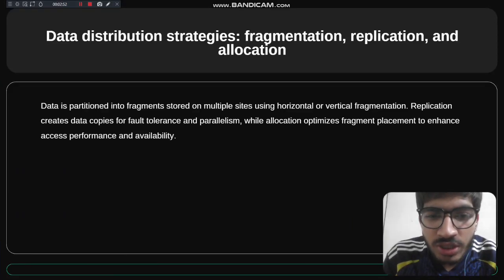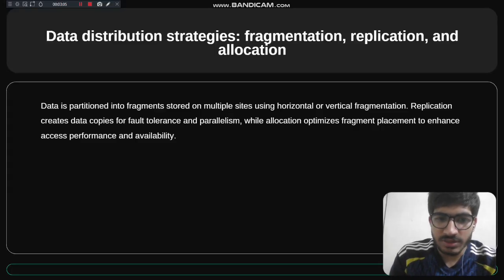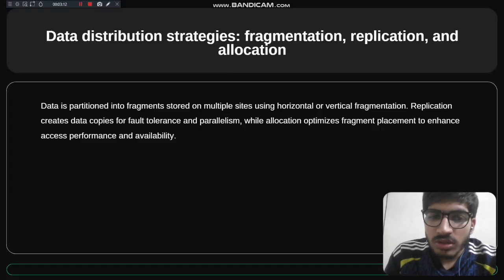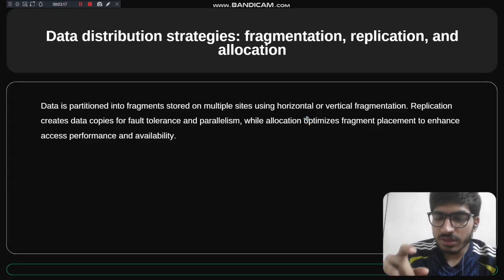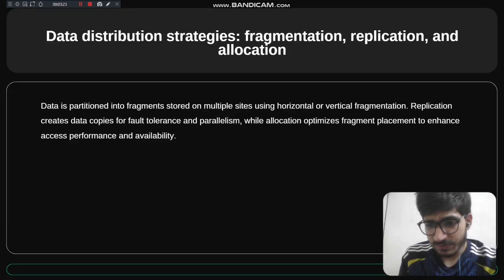Now the main components of distributed database architecture are: one, database that is stored at multiple sites; two, computer nodes that are sites; three, communication network; and four, distributed database management system, that is DDBMS. Now in the workflow, users send a query to the DDBMS, which fetches data from the required sites and returns the result.